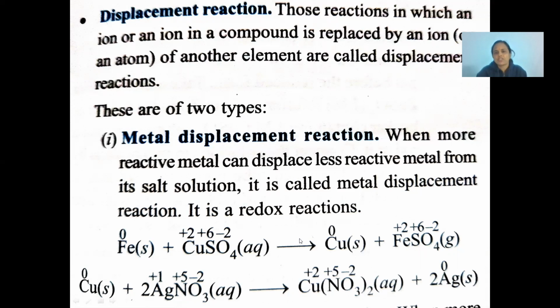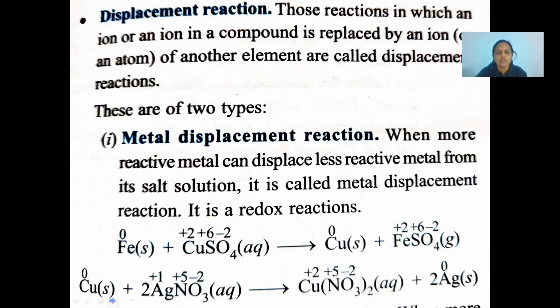Those reactions in which oxidation and reduction take place simultaneously are a case of redox reaction, and it is a metal displacement reaction. This is a case of metal displacement reaction because the metal that is present higher in the reactivity series displaces the metal that is present lower from its salt solution. So this is a case of displacement reaction.